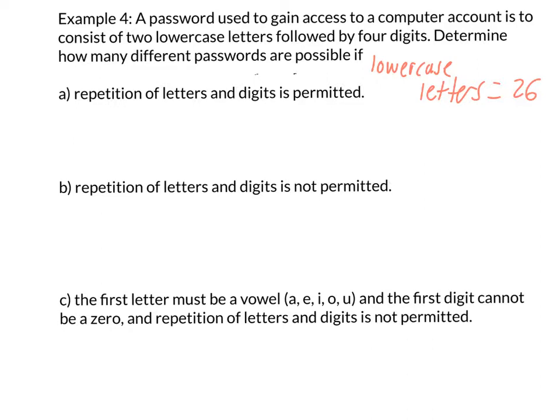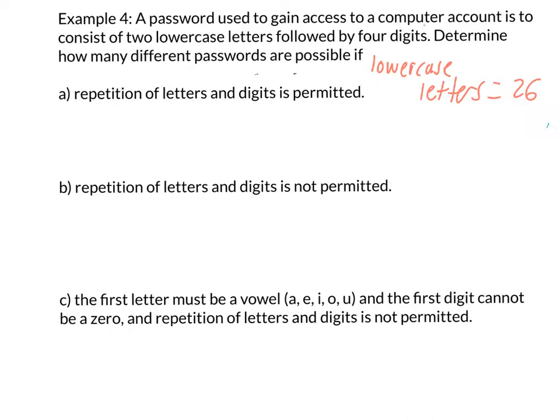So what if MyMathLab says that you could use lowercase or uppercase letters? If that happens, you have 26 lowercase letters plus 26 uppercase letters. So in that case, you would have 52 total options to choose from. So my point here is that you have to really read these questions carefully. So for this particular example, it's only lowercase, so that's just 26 total options.